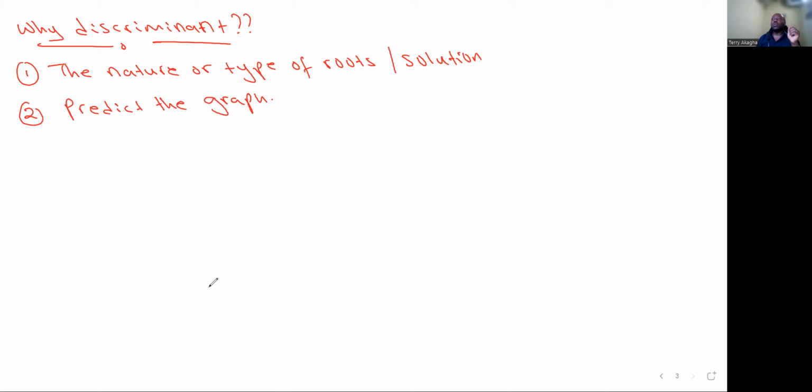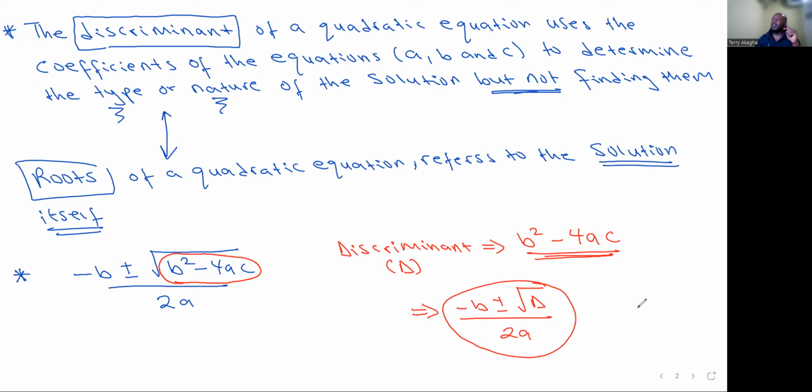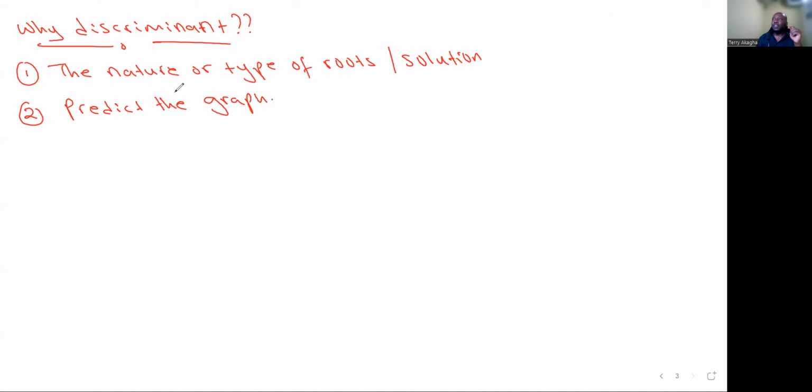So what I'm going to do is draw a table to give a summary of all the possible natures and values you can get. Based on what I've just said, the solution you get from the value of the discriminant can tell us the nature or the type of root. So b squared minus 4ac, you can solve it, and your answer could be 0.